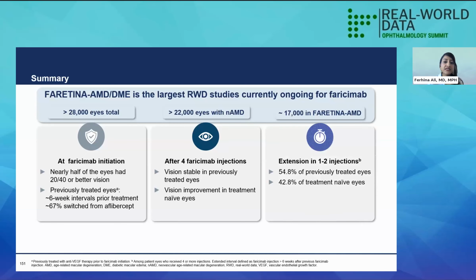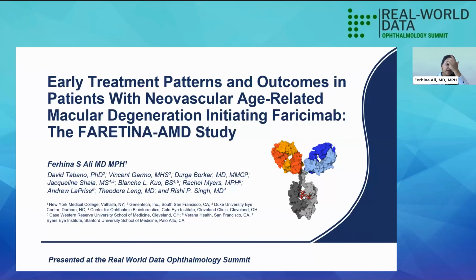About half of eyes extended quickly to a longer dosing interval, 55% of previously treated eyes and 43% treatment naive extended within the first 2 injections. So FAR-RETINA AMD and DME are the largest ongoing real-world studies of faricimab, and additional follow-up analyses are planned as the data continues to grow.